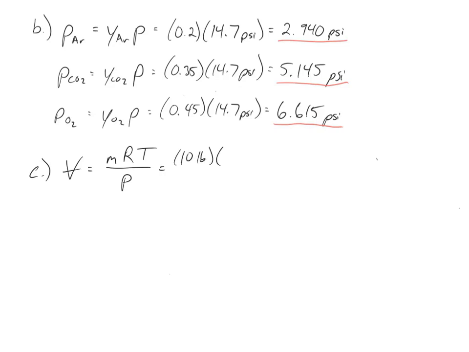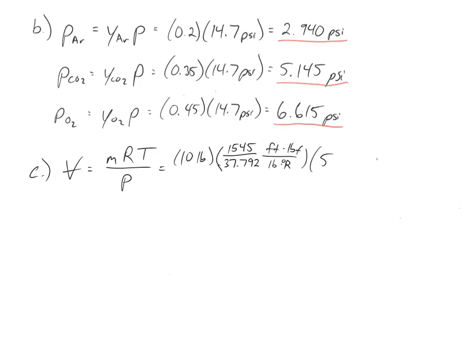For the specific gas constant, it's going to be 1545 divided by the molecular weight for our mixture, which we found is 37.792. Again, that's the molecular weight for the mixture. And that's going to be in foot-pound force over pound mass times degree Rankine.